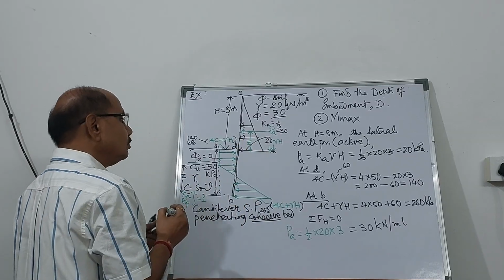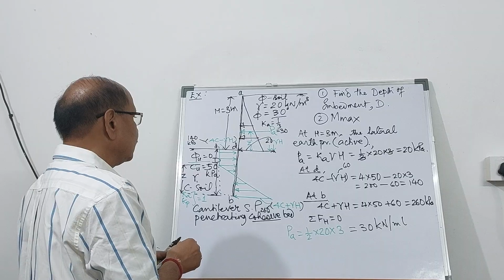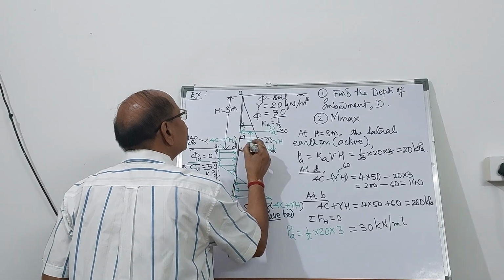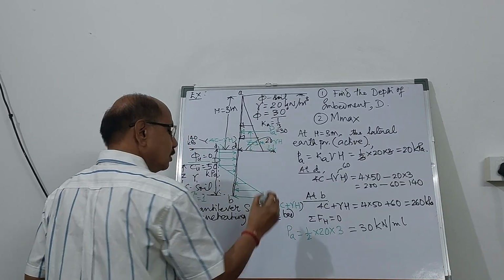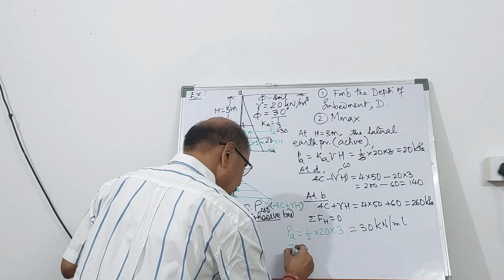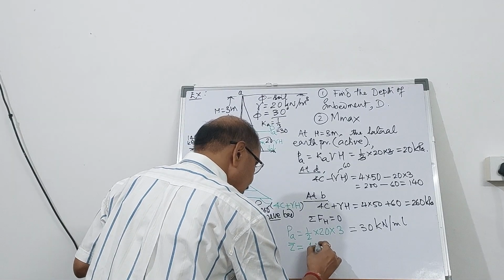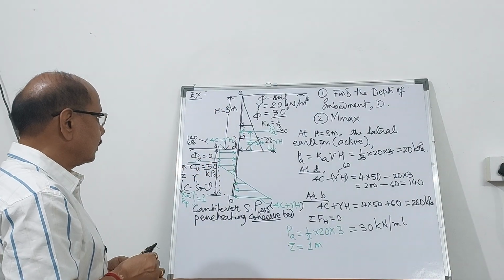So you can find out the value of Z bar, which will be 1/3 of 3 meter, that is equal to 1 meter. So Z bar from the dredge line is going to be 1 meter.